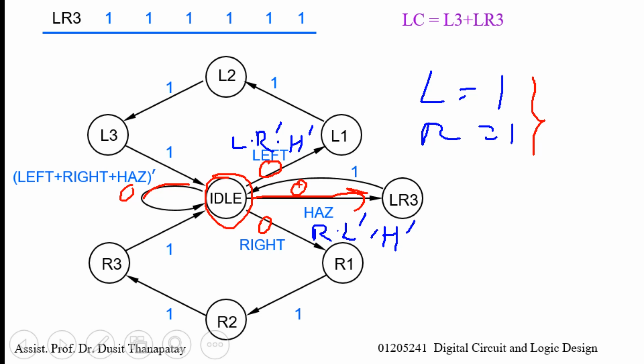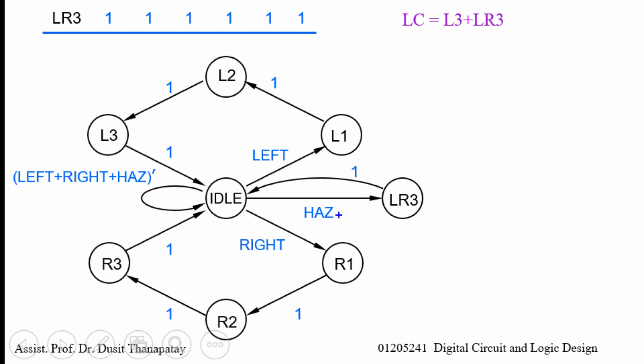That means there is no next state, right? For this condition, what should you do? You can define a next state for this case. Namely, maybe I add to this condition to change from idle to LR3.